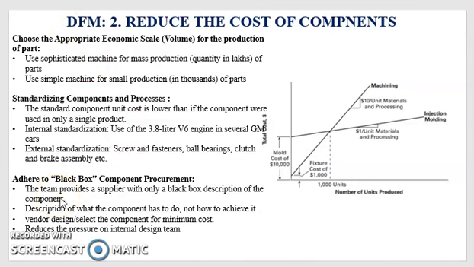The last rule is to adhere to black box component procurement. Japanese auto industries use the black box supplier design approach to reduce component procurement cost. In this approach, the internal design team provides a supplier with only a black box description of the component, a description of what the component has to do and not how to achieve it.